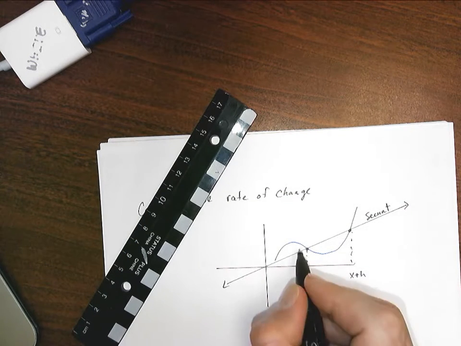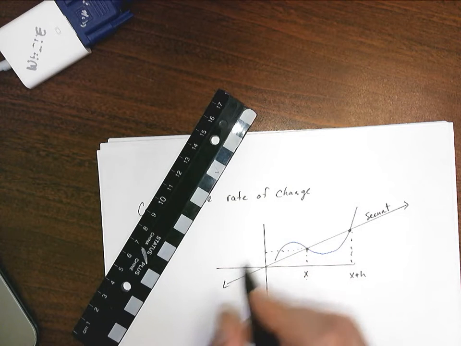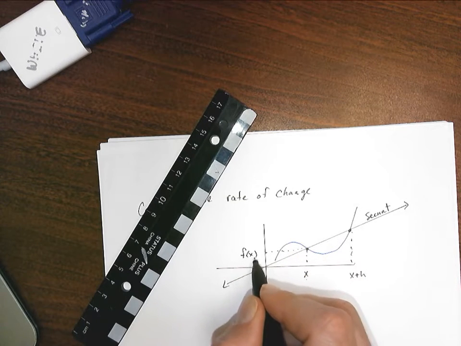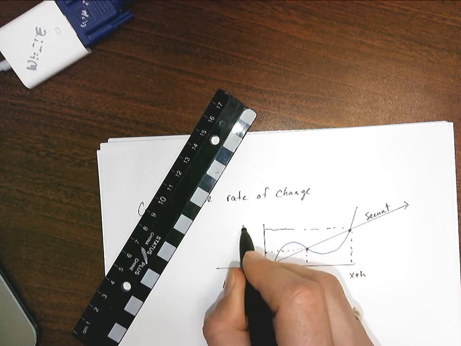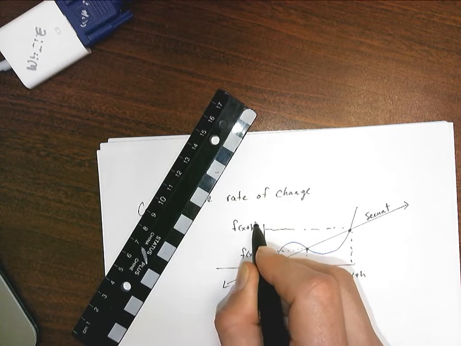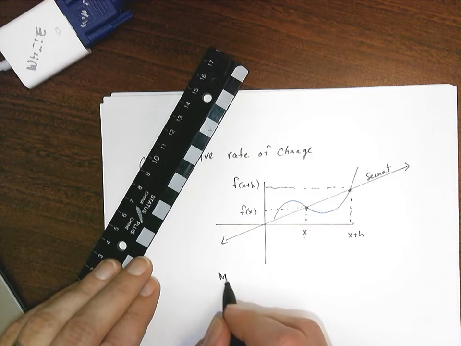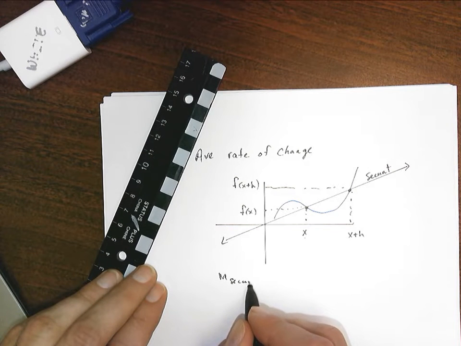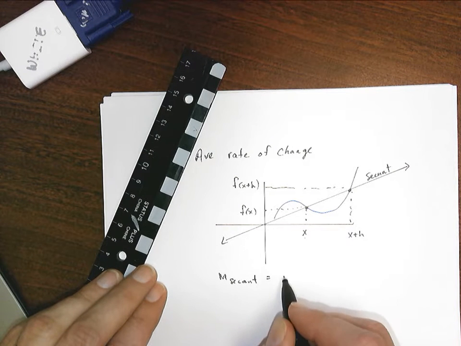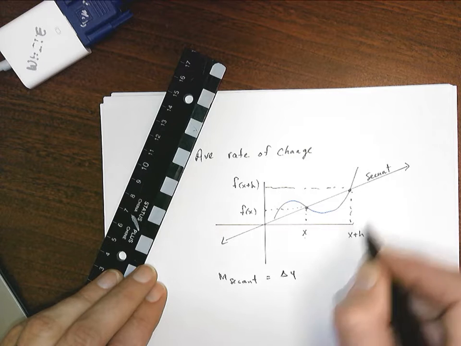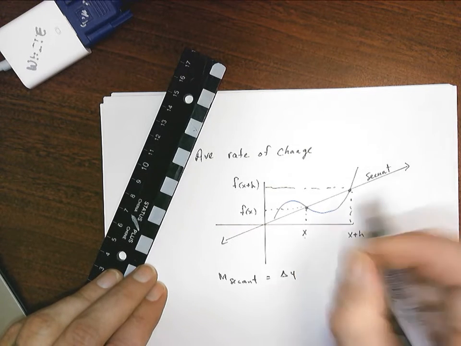and that slope, well, not the slope first, let's do the y values. That's f of x. That's f of x plus h. So the slope of the secant equaled delta y. Okay, here's the slope. Maybe I haven't made this clear.